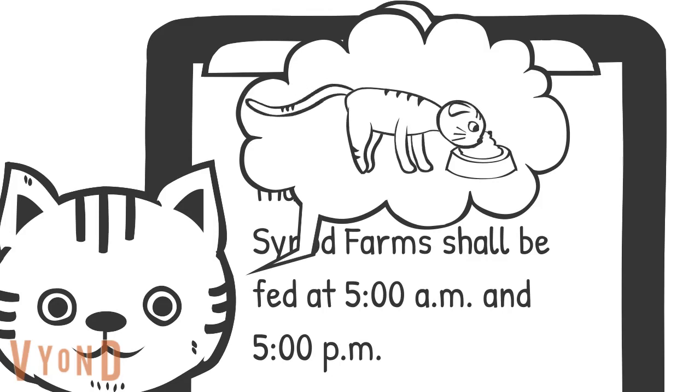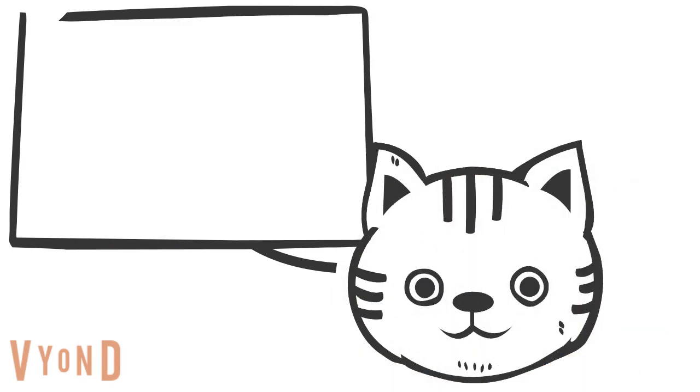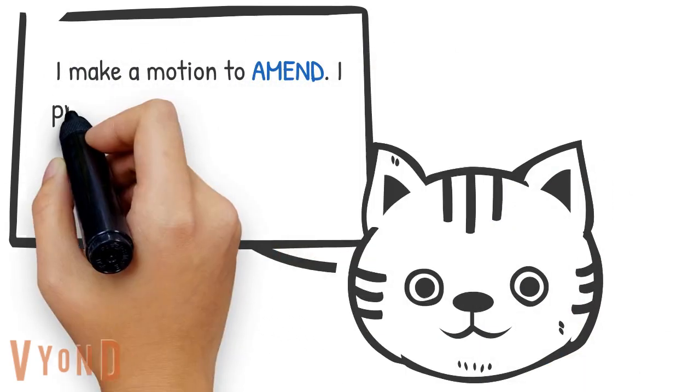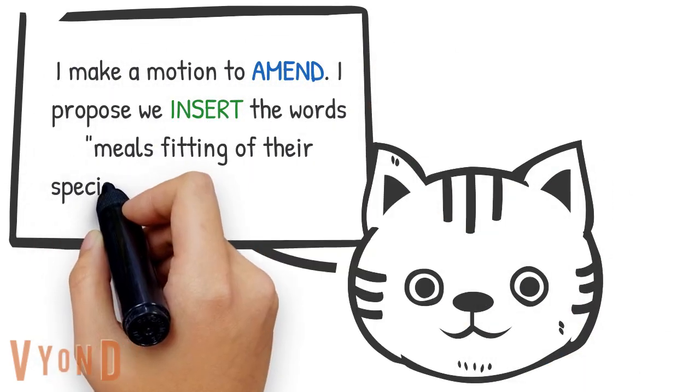So he wants to change the amendment by inserting some additional information. He says the following: I'd like to make a motion to amend.